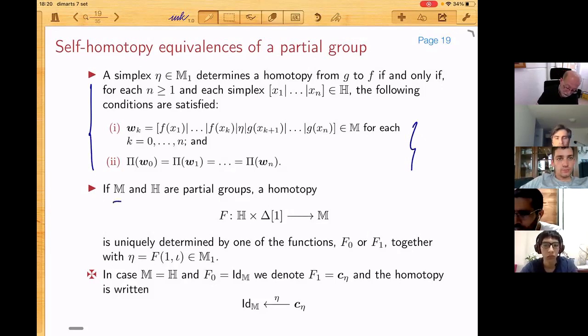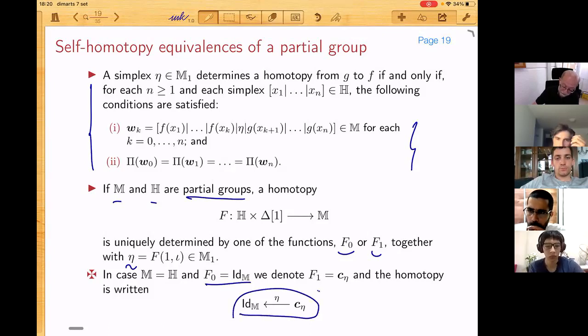So if M and H are partial groups, exactly partial groups, then just knowing F naught and eta will determine the whole homotopy. So F1 will be determined by F naught and eta, right? That's very interesting because, for instance, if you take F naught to be the identity and you've got a homotopy of the identity, then the map that you obtain as F1 is uniquely determined, just once the homotopy exists.